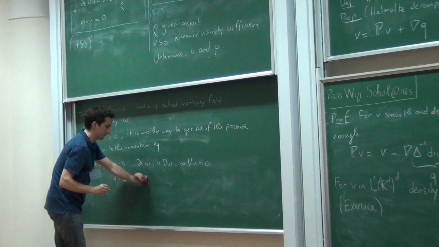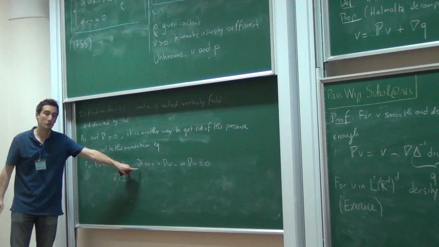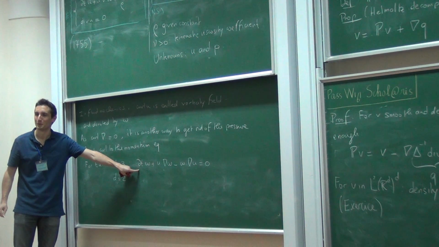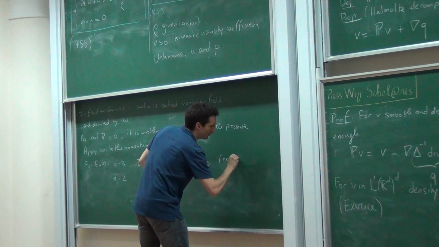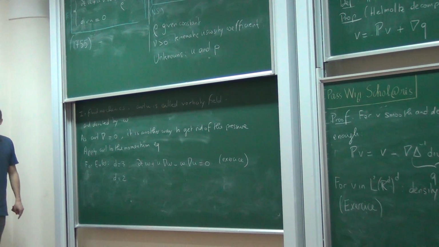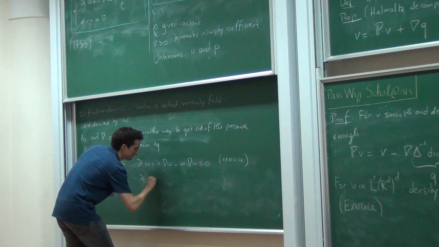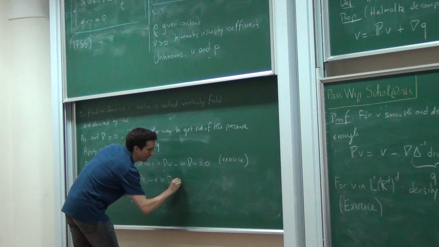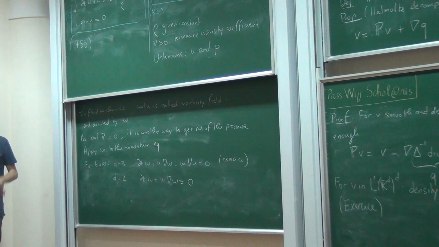For d equal 2, you have to make the calculation, right? It's not so obvious. It's an exercise. Find that applying the curl to the momentum equation, you have this. And when you do the same calculation for d equal 2, you can check that you get the following: dt omega plus u dot grad omega equals 0. So that's just the transport equation.